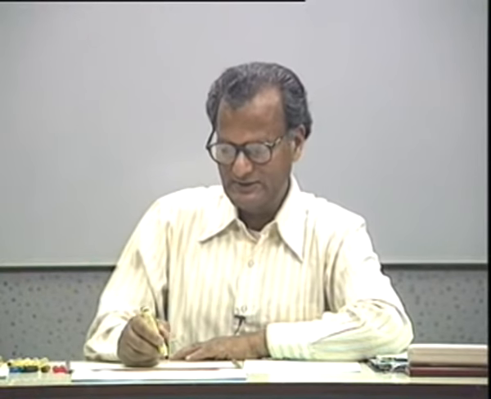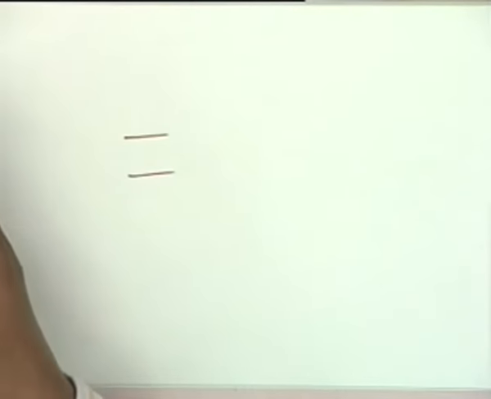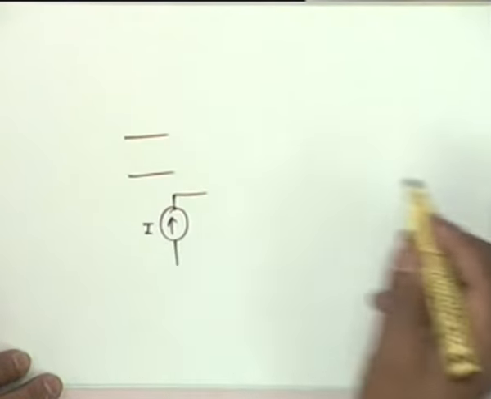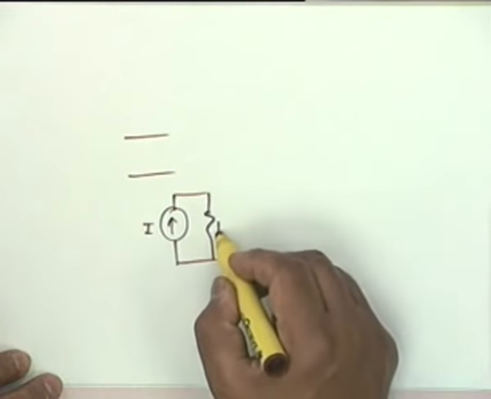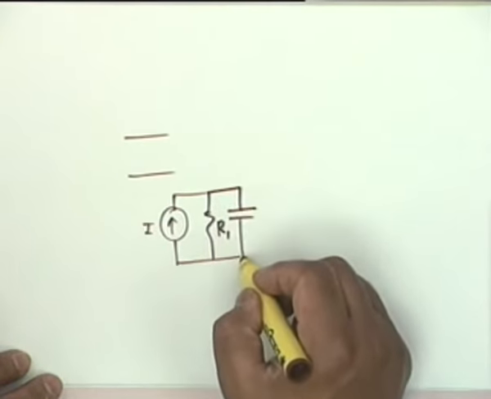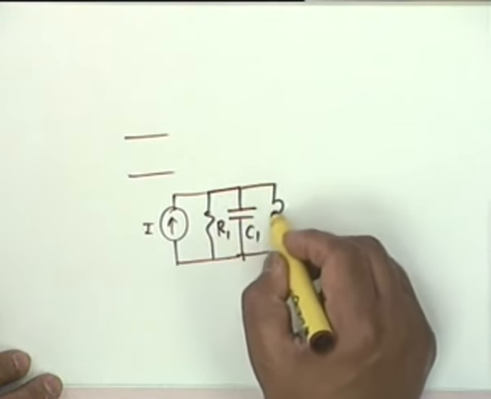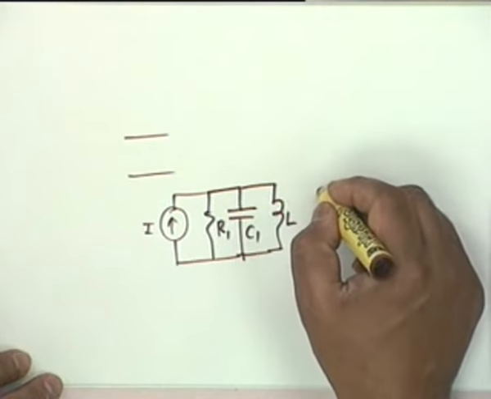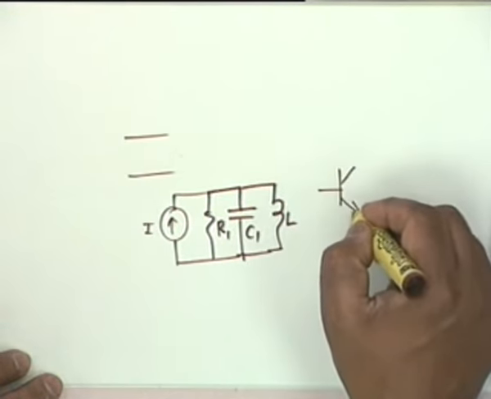An auto transformer is also used if you require to couple a tuned amplifier to a next stage. Let's say you have a tuned amplifier whose equivalent circuit is, let's say, like this: some current, then a resistance R1 and a capacitance C1 and an inductance L. Suppose you want to couple this to the next stage, which is a common emitter amplifier.